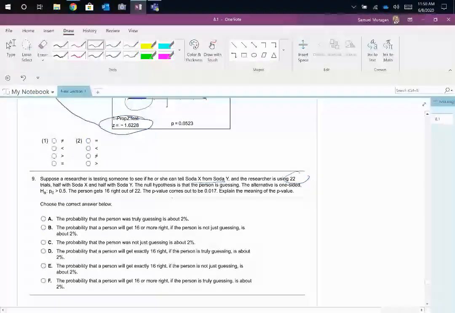The null hypothesis is that the person is guessing. Okay, very important that the person is guessing. They don't really know. The alternative one-sided hypothesis is that P is greater than 0.05. The person gets 16 out of 22.